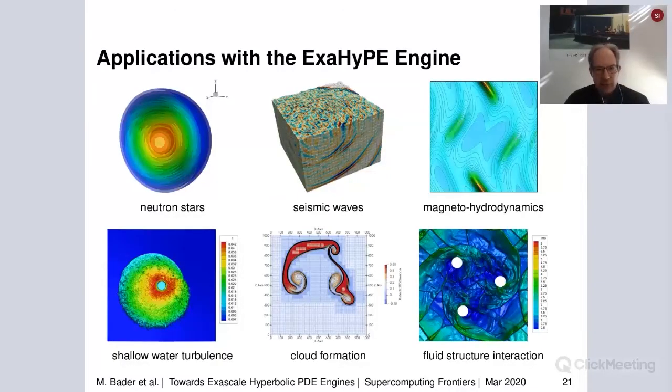Here are a couple of examples that we are developing or have developed in the ExaHyPE engine. That ranges from complex astrophysics equations like simulation of neutron stars. Seismic wave propagation is again a big application, but there are also lots of examples from fluid dynamics, as you see in the bottom corner: shallow water, turbulence, cloud formation in an atmospheric physics sense, or the picture to the right, which is a fluid-structure interaction scenario.